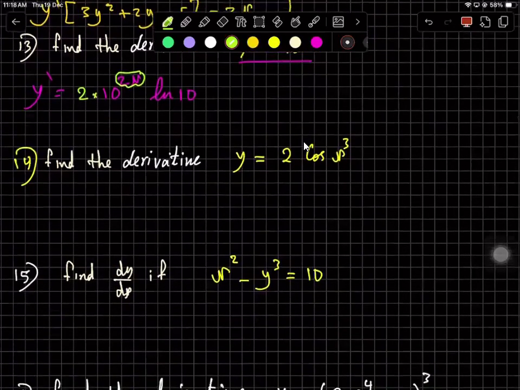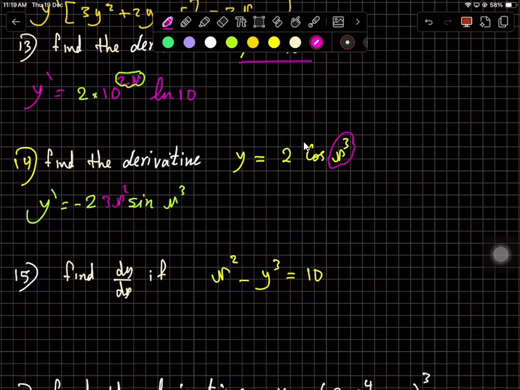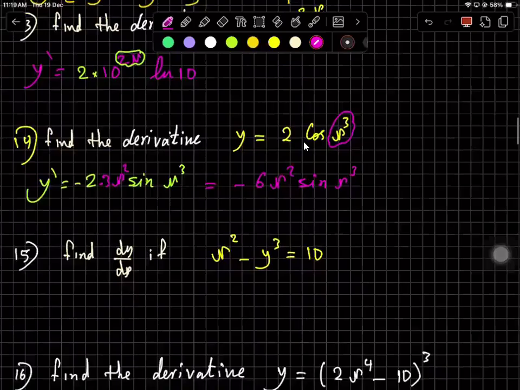What about here, cosine? 2 cosine x cubed, so y prime is 2 times the derivative of cosine, which is negative sine x cubed, okay? Then multiplied by the derivative of this angle, which is 3x squared. So finally, it will be negative 6x squared sine x cubed, okay?